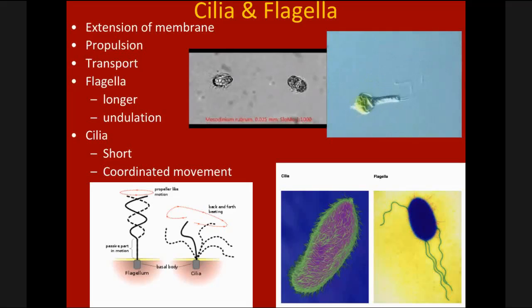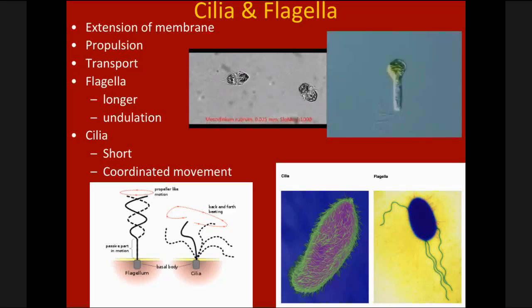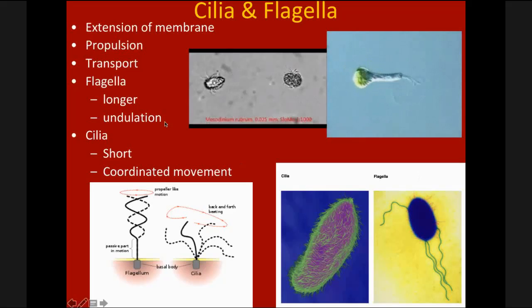In the oviduct, you have cilia that are moving the egg after it's been ovulated. In the male reproductive system, in a funky part of the tube called the epididymis, the epididymis has cilia that are moving sperm around. So cilia used for transporting.